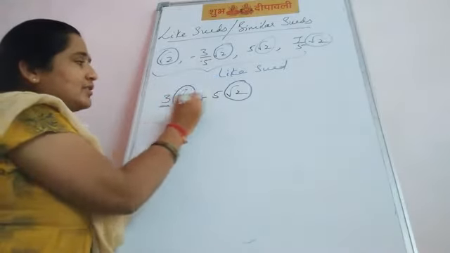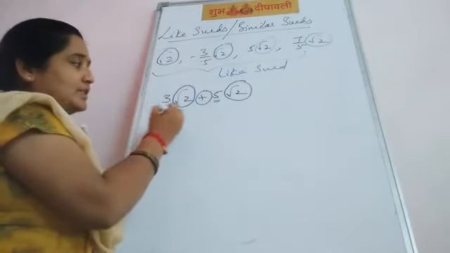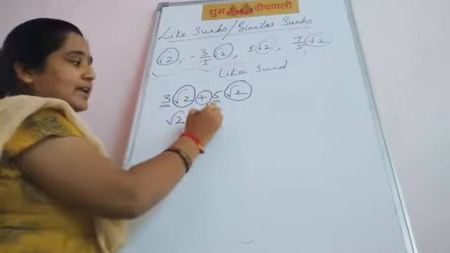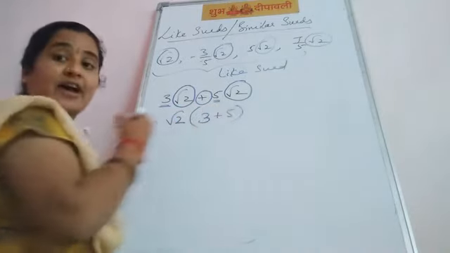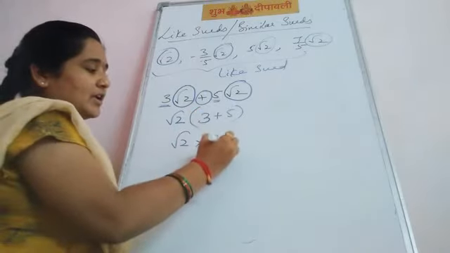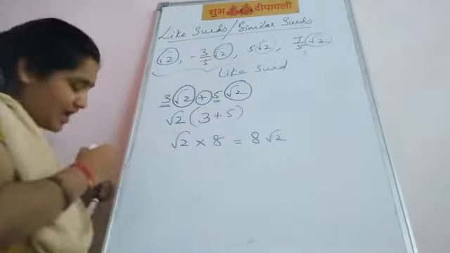Now what are the coefficients? 3 and 5, and the operation is addition. You can take root 2 common outside, open the bracket, 3 plus 5, root 2. 3 plus 5 is how much? 8. Therefore, 8 root 2 is the answer.